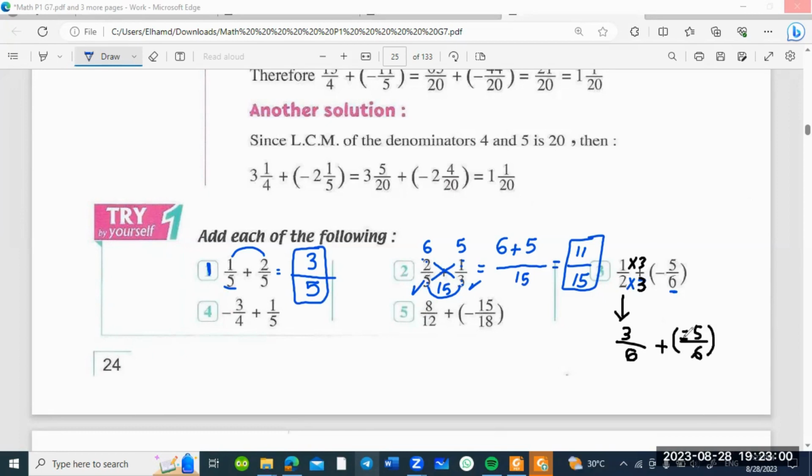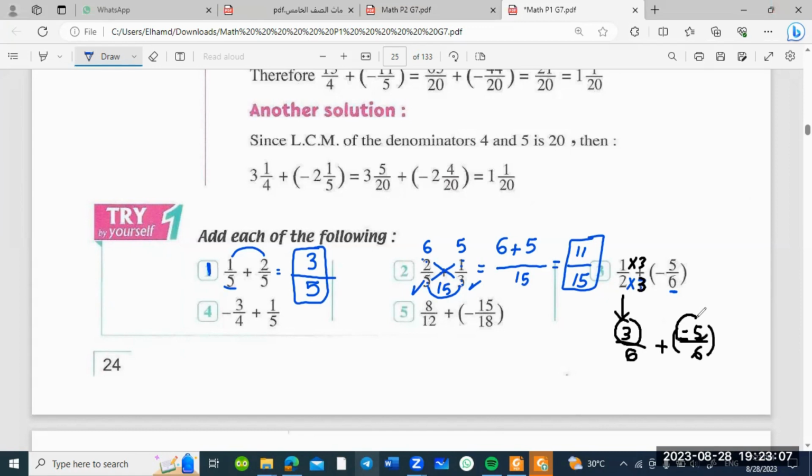Come on now. When you add a positive number plus a negative number, what should I do? This is the curriculum of grade 6. Did you forget? When I have a positive and a negative, what should I do? Take the sign of the greatest number and subtract.